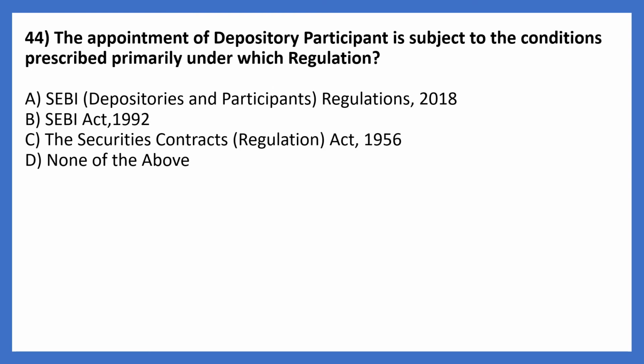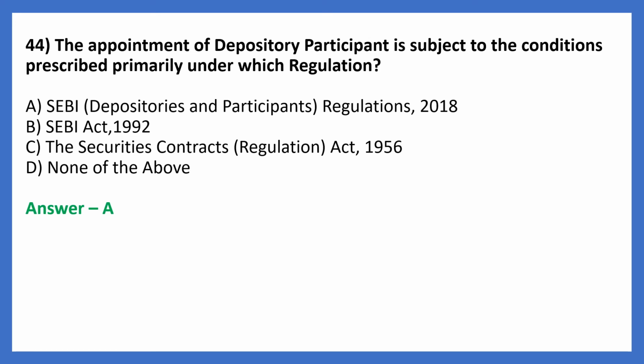The appointment of depository participant is subject to the conditions prescribed primarily under which regulation? Option A, SEBI Depositories and Participants Regulations 2018, option B, SEBI Act 1992, option C, the Securities Contracts Regulation Act 1956, and option D, none of the above. The correct answer is option A, SEBI Depositories and Participants Regulations 2018.